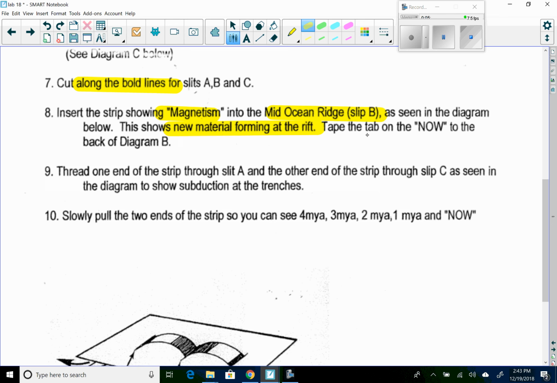Tape the tab on the now to the back of diagram B. Number 9, thread one end of the strip through slit A and the other end of the strip through slit C, as seen in the diagram, to show subduction at the trenches. Number 10, slowly pull the two ends of the strip so you can see 4 million years ago, 3 million years ago, 2 million years ago, and now.